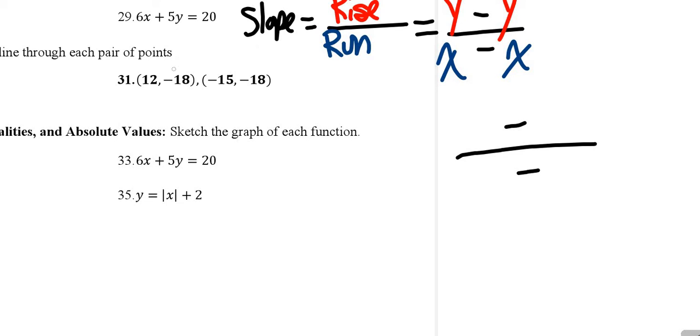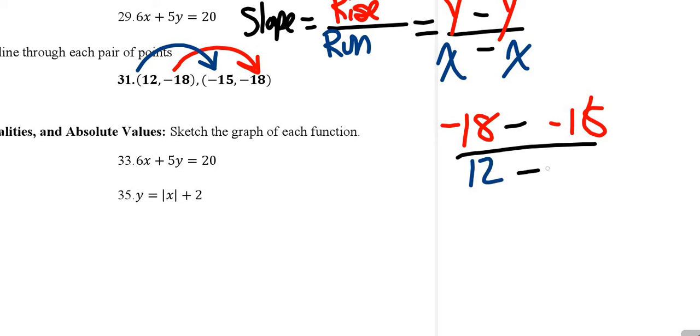So I'm going to work left to right. Y minus y. Left to right, x minus x. Double negative makes a positive. Negative 18 plus 18, that's 0 over 27.